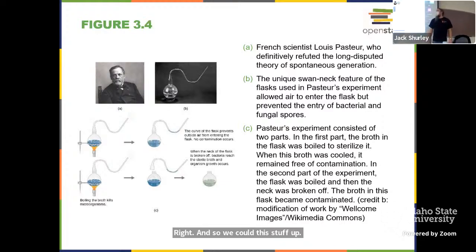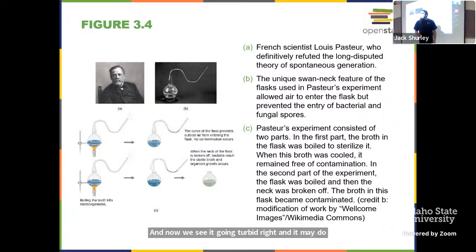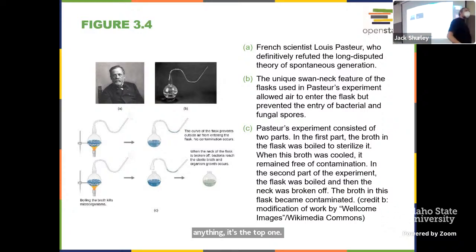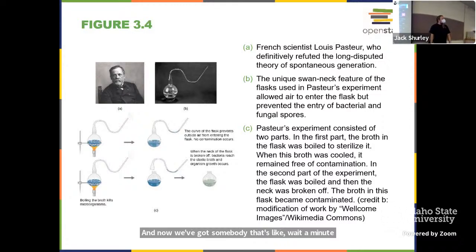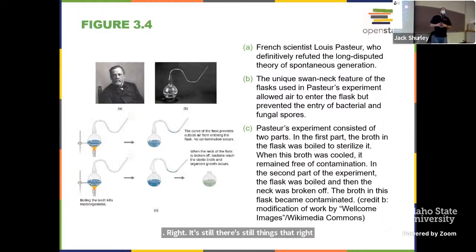And we didn't do anything. It's the top one, right? The top one went turbid, right? And now we've got somebody that's like, wait a minute, right? It is spontaneous. Pasteur doesn't know what's going on, right? There's still things there, right? But like I said, with these bacillus that can form spores, this is the problem, right?